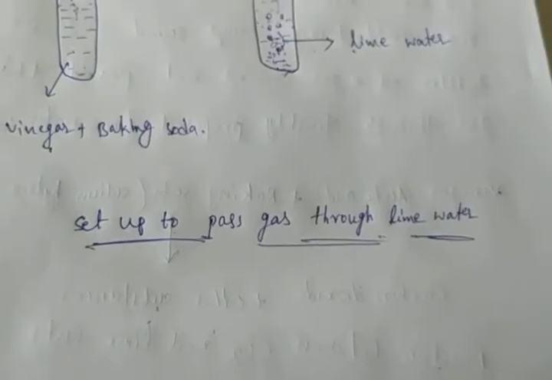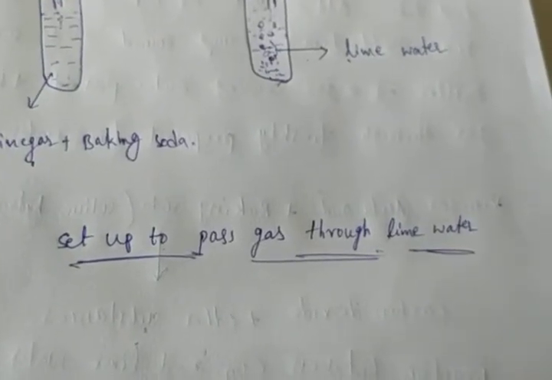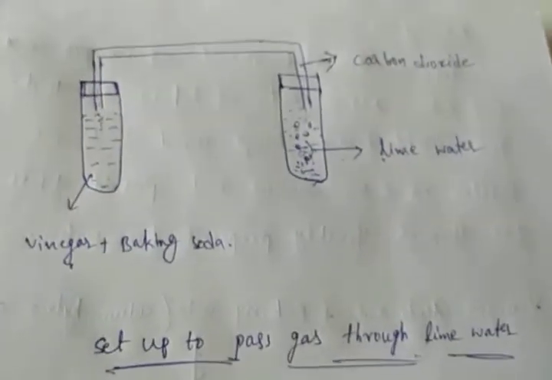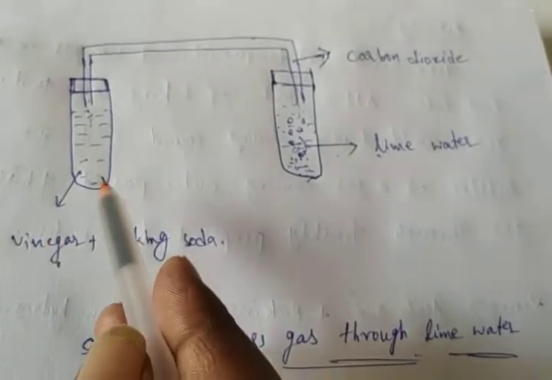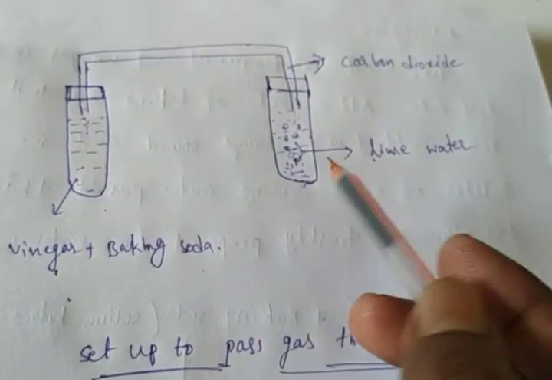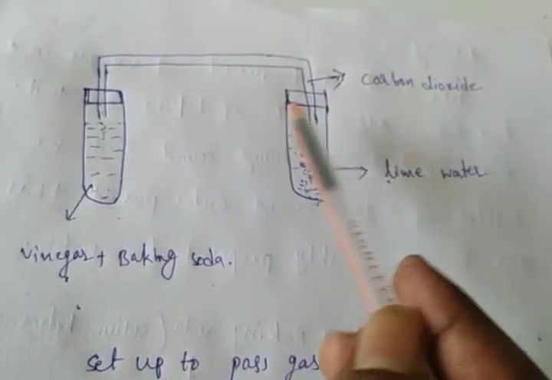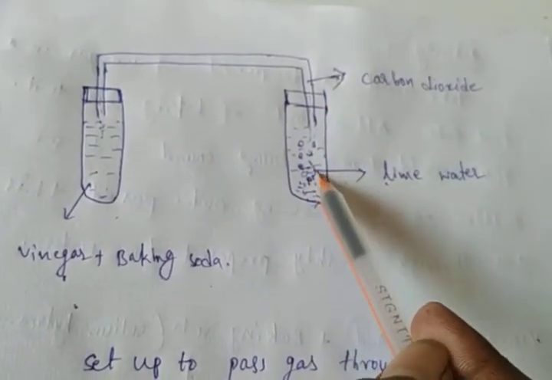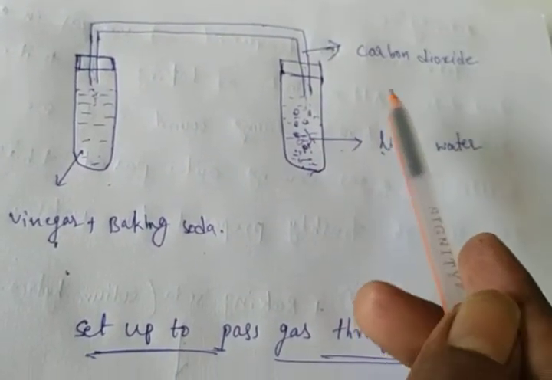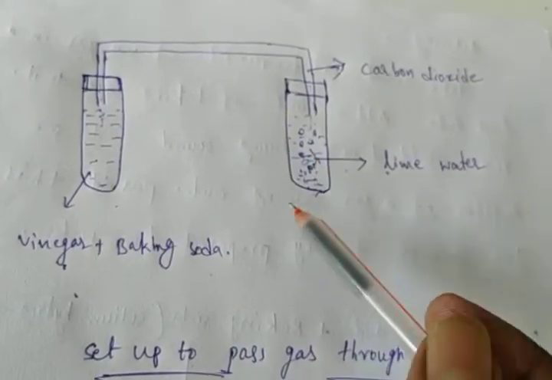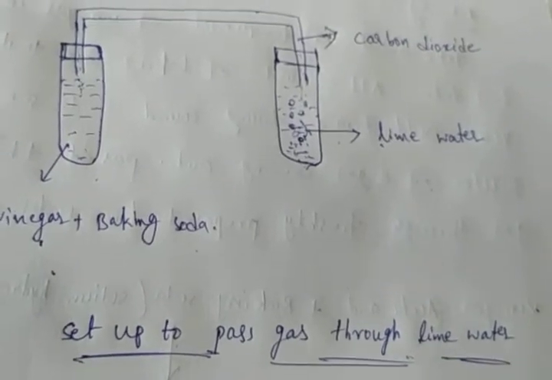These are the instruments. Here in one test tube we first take vinegar and baking soda. In this test tube we take the lime water, and we pass the carbon dioxide gas through the lime water. Then the lime water turns milky. This is the standard identification test of carbon dioxide.